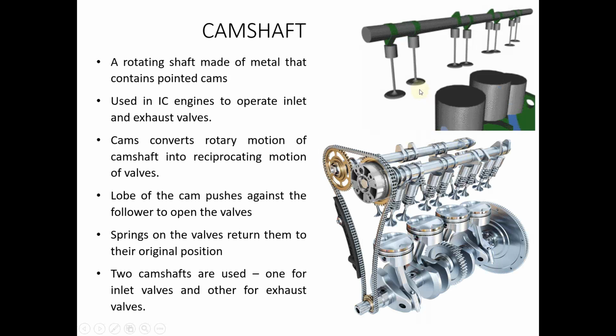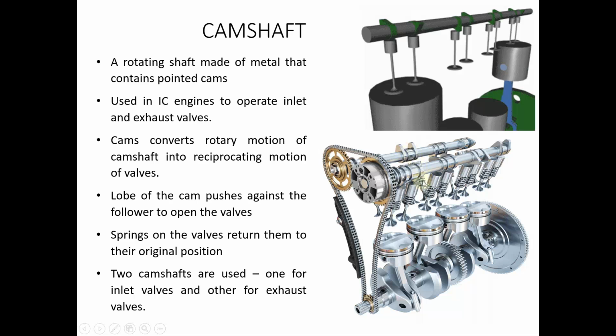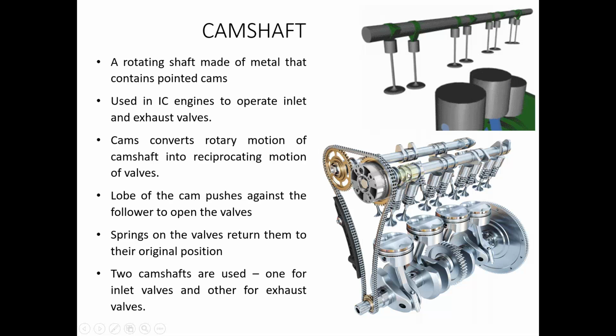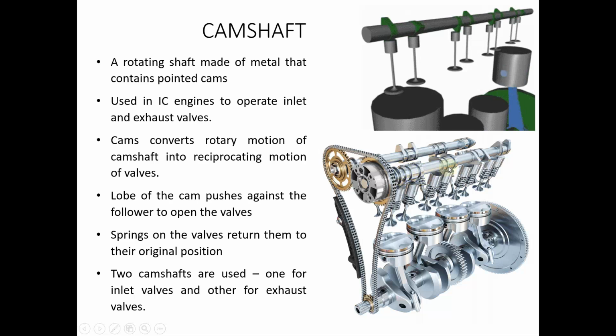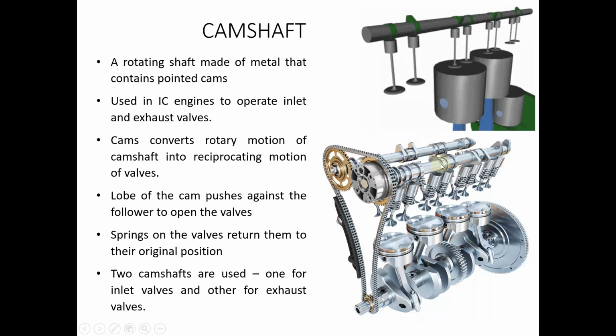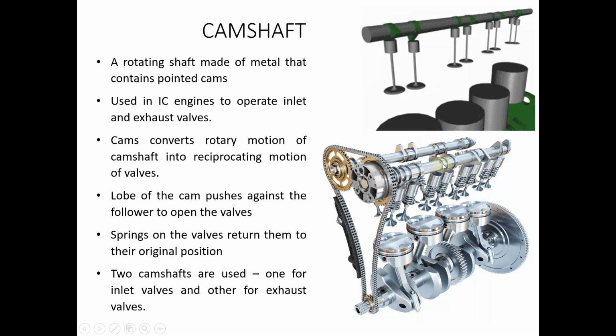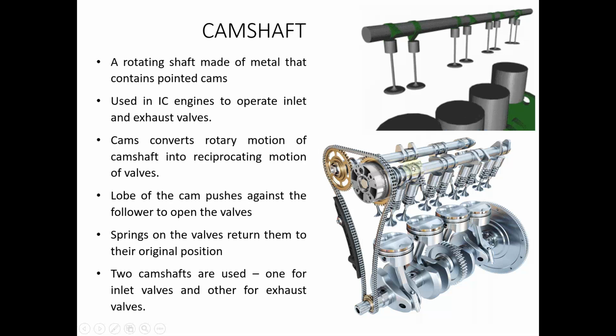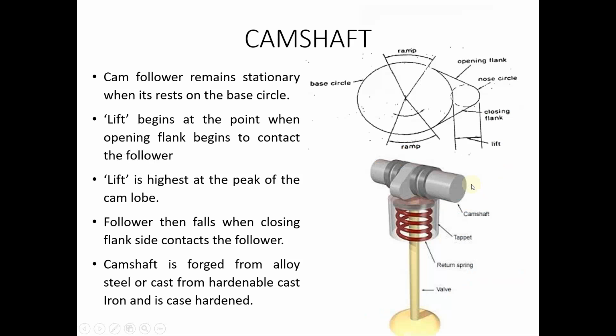You can see here, for the different cam surfaces, because it is always coming into contact with a metallic portion, there is a probability that wear and tear will occur. So in order to minimize the wear and tear, the outer or contacting surface of the cams are usually case hardened or surface hardened by different methods.